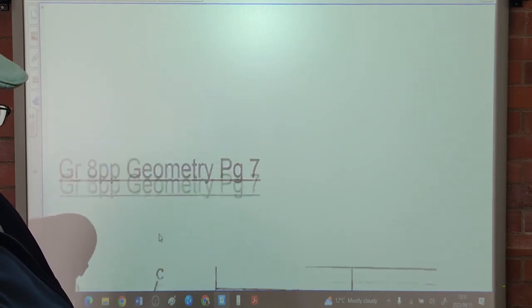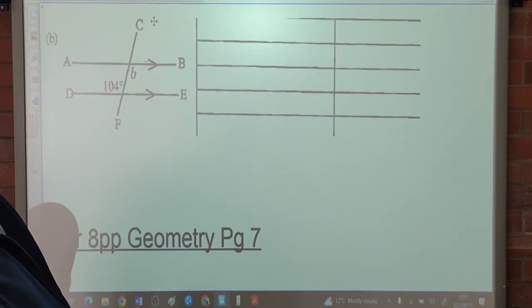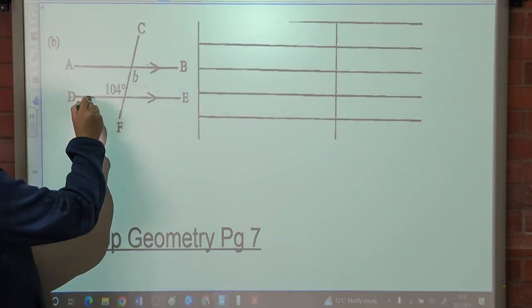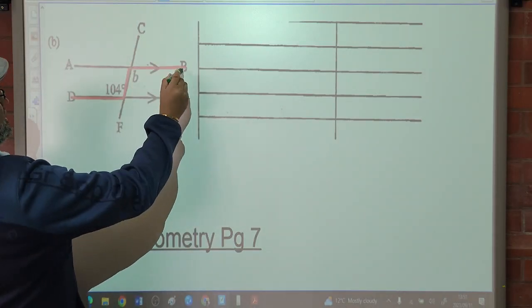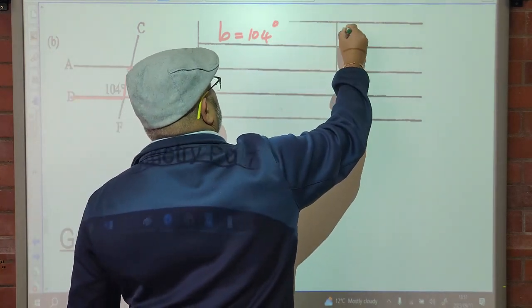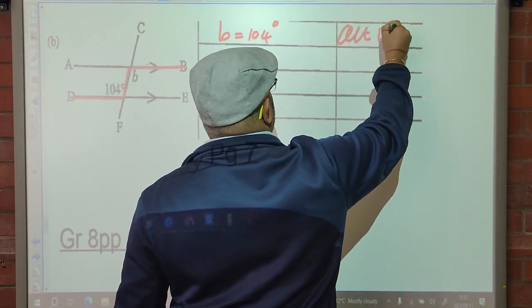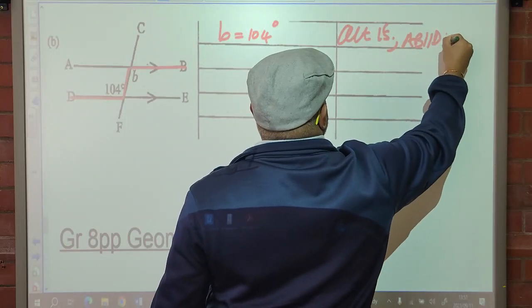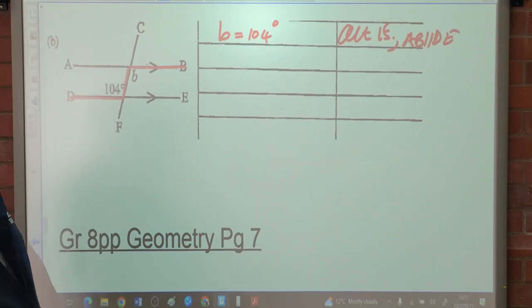Let's go to the next question. B is equal to 104. Why? Alternate angles, with AB being parallel to CD. Fairly simple, no?